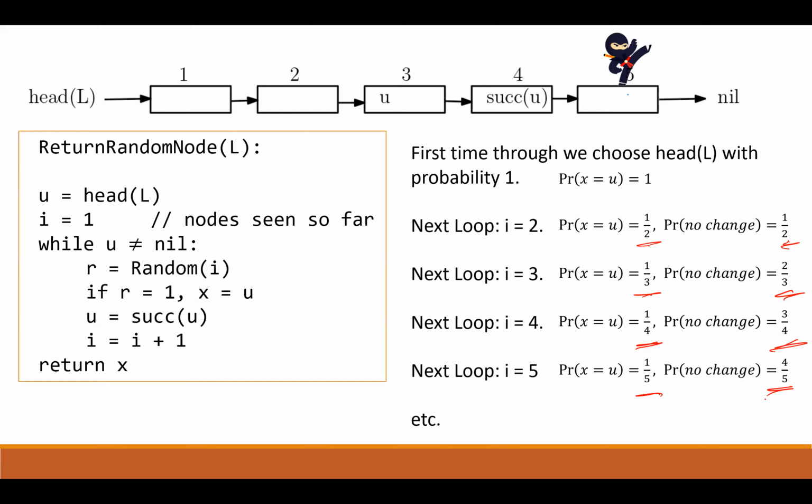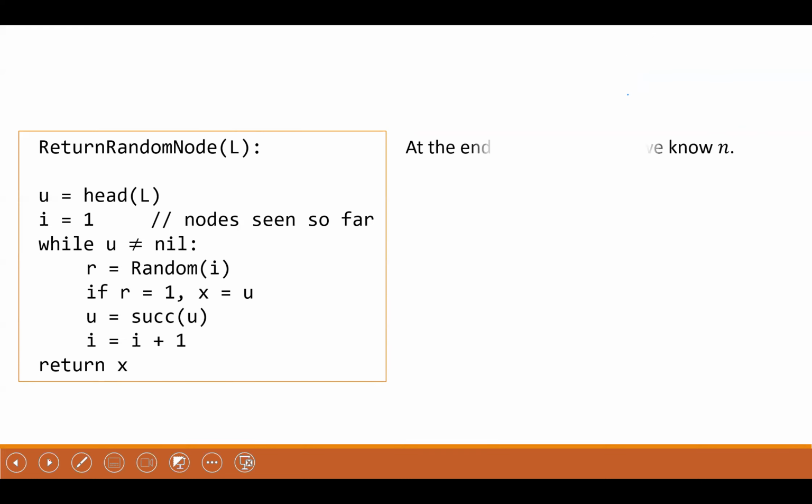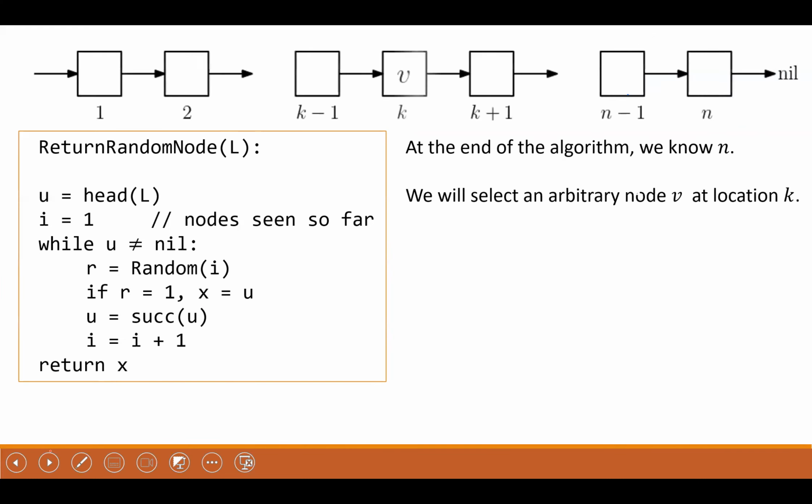So we know when we swap, we know when we don't. So let's figure out what's the probability that we return some arbitrary element. So we're going to choose an arbitrary node V at location K and figure out the probability that we return this node V, or whatever the value is there.